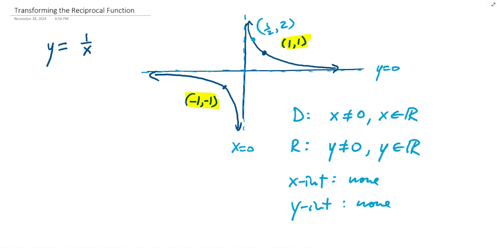That's on the reciprocal function. We could look, for example, at (-2, -1/2). That's on the reciprocal function. We could keep track of any points we wish. Two of the main ones, though, are (1, 1) and (-1, -1), and that will help us see what's going on.